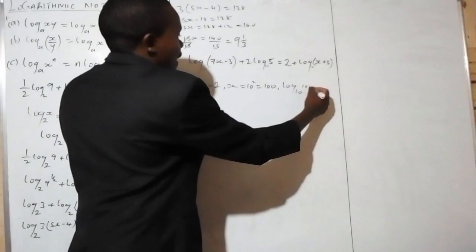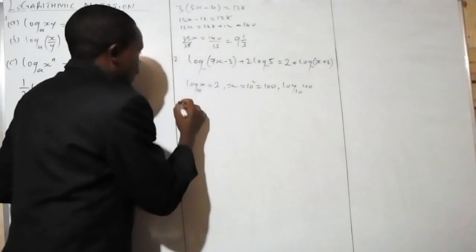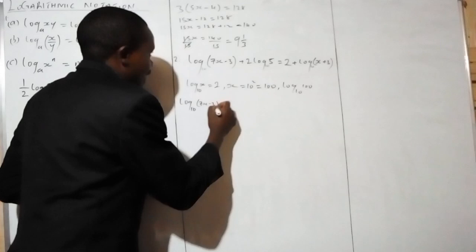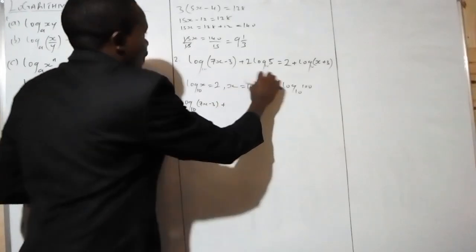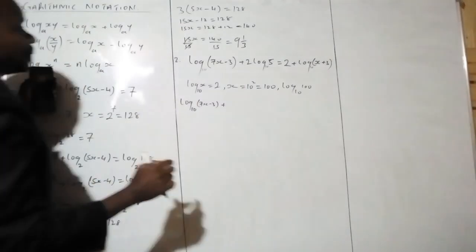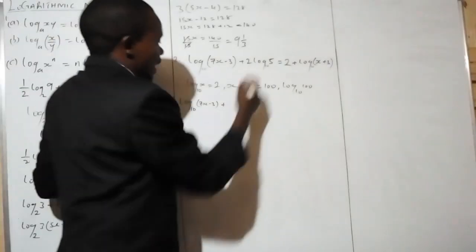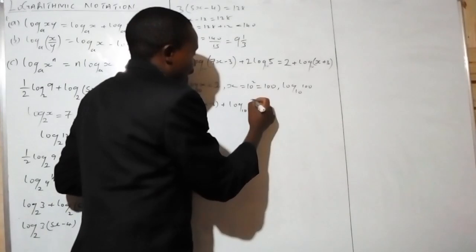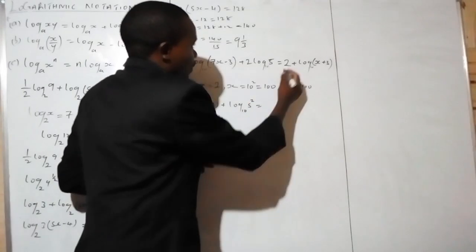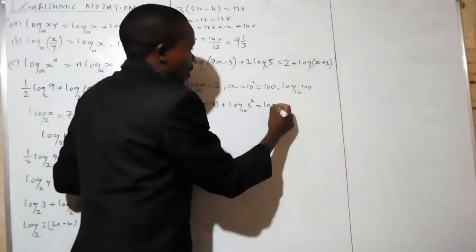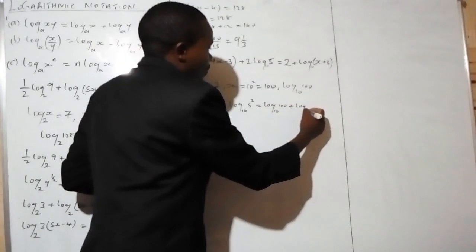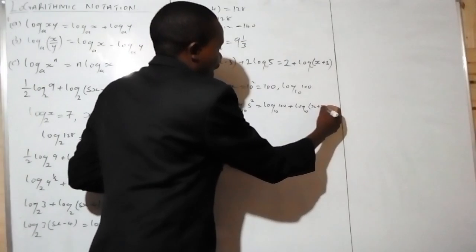Come here: log to base 10 of (7x - 3) plus, this now is in the form of the third law of logarithm, we can write it like this, log to base 10 of 5 squared, is equal to, replacing 2 with log to base 10 of 100, plus log to base 10 of (x + 3).